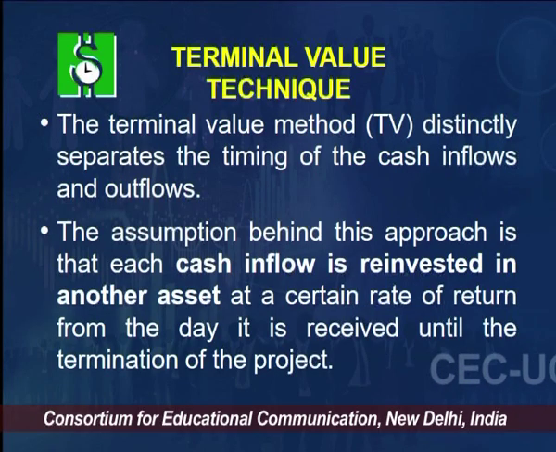Whatever I produce, I sell for, let us say, 50,000 rupees per unit, and to manufacture that unit we spend 30,000. So the net cash inflow, the incremental cash revenue we get from the project, is 20,000.